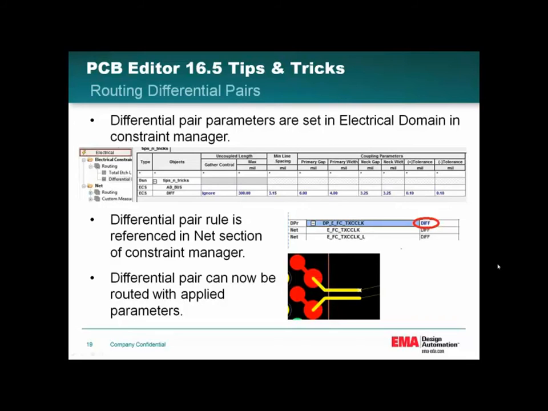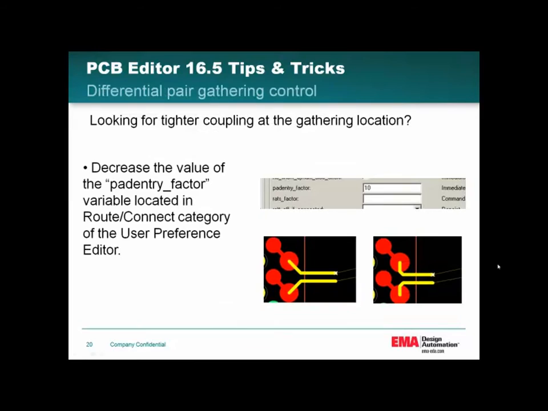This is just a screenshot of that. We can also control the gather control. This is normally how the differential pair would be routed, but there's a pad entry factor, and this is in the user preferences. We can set the pad entry factor, and if we change these numbers, we can change the behavior of how it exits the pins coming out of the device.